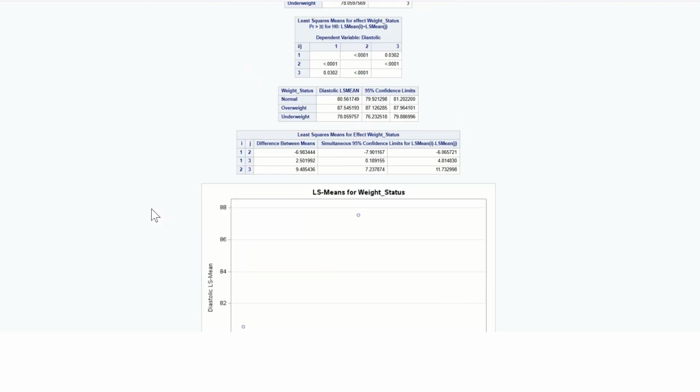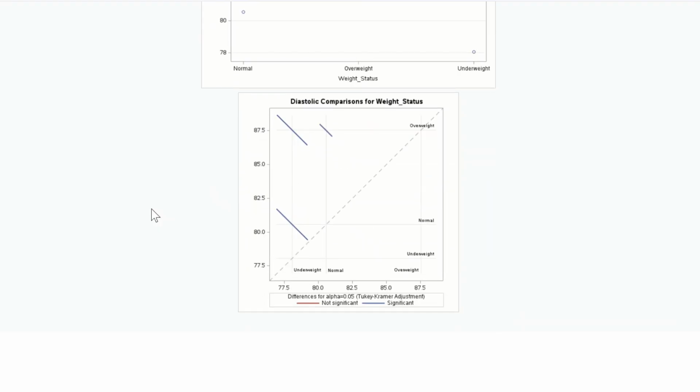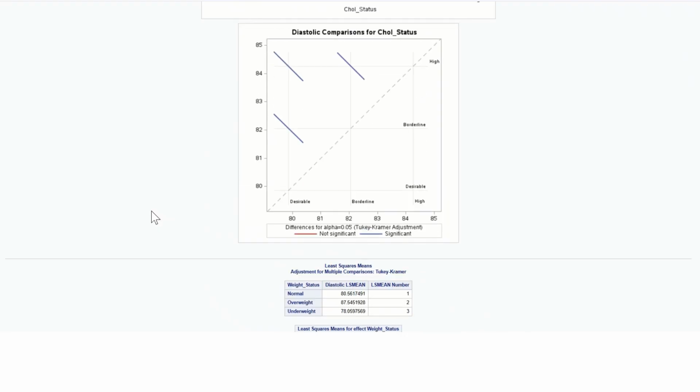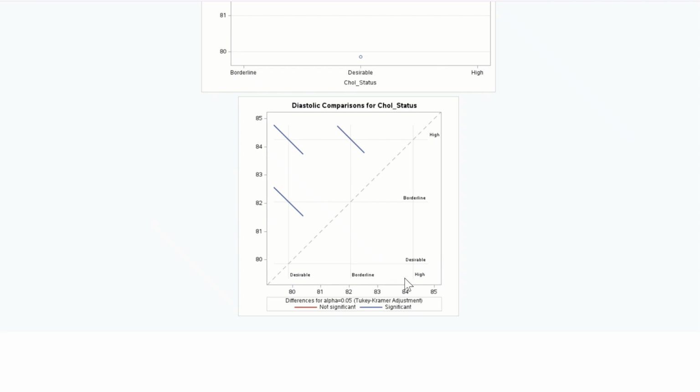And if we move down, it has more visuals. So for example, over here, we see that those with high cholesterol have statistically significantly different diastolic blood pressure than those with borderline, and statistically significantly different from those of desirable cholesterol level.